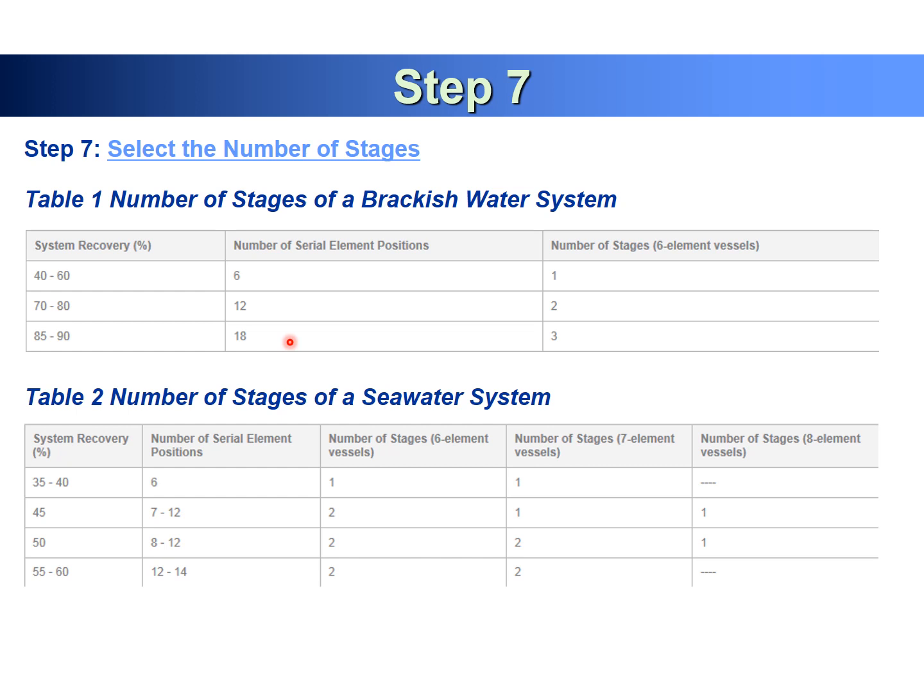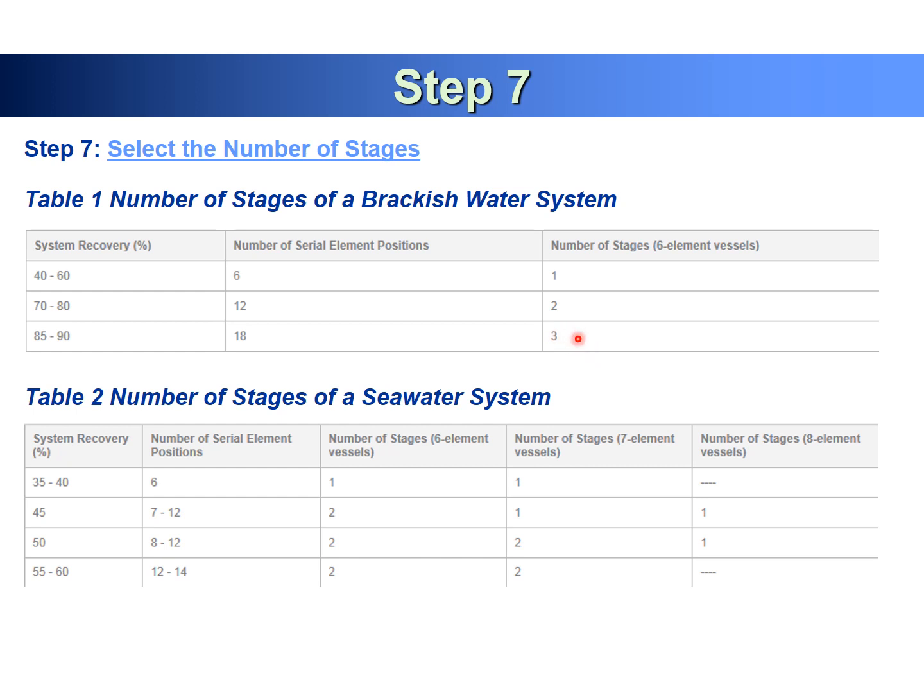So in this case, when you increase your recovery, you increase your number of serial element positions, and then the stages at 6-element vessels will increase. So you have a high recovery and then you have more stages.